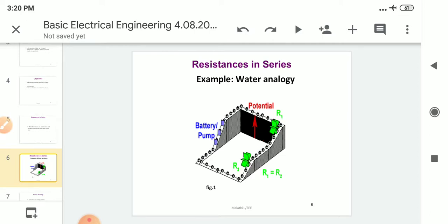In series, there is only one path for the current to flow.